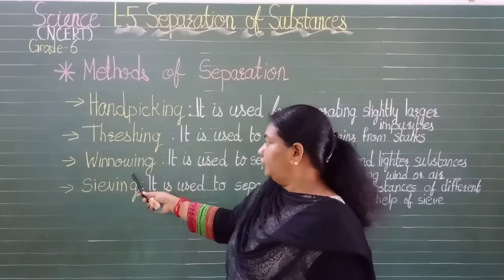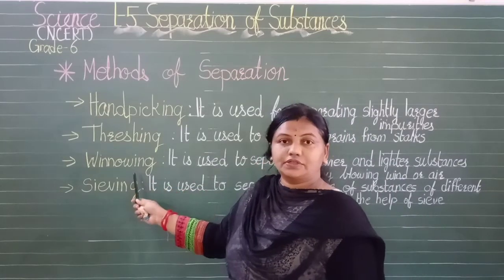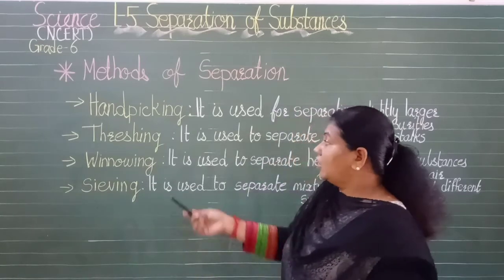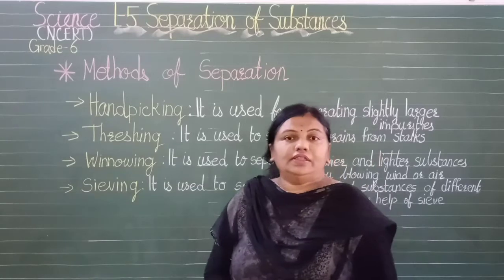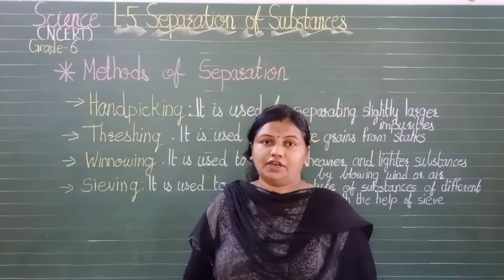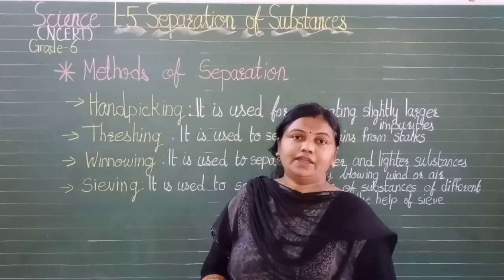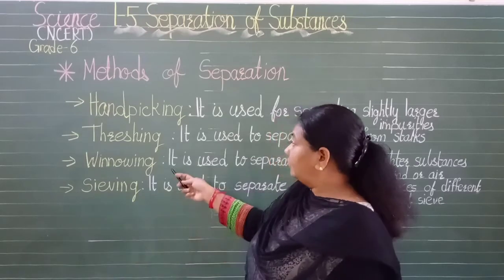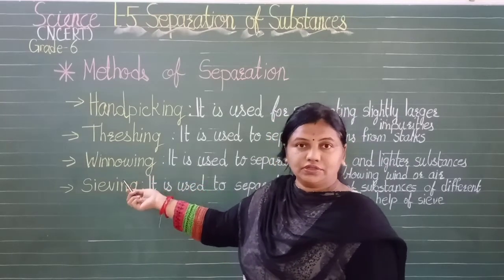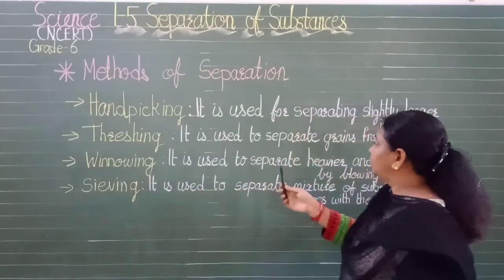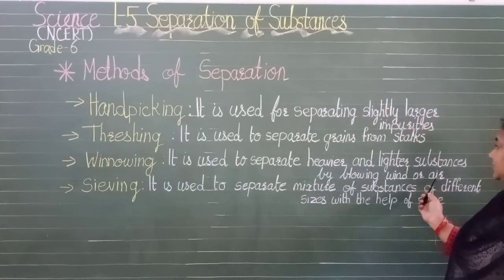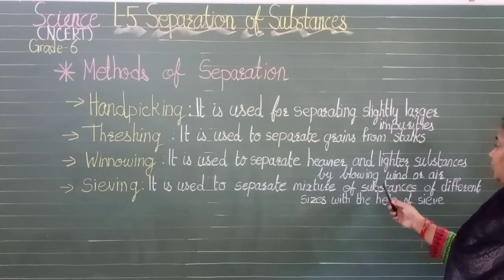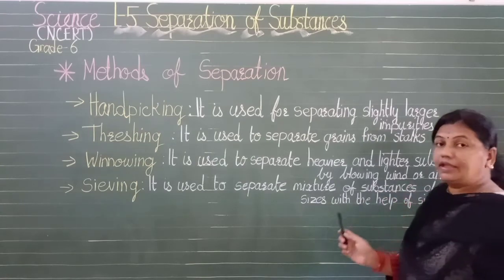Now winnowing. Our next process is winnowing. Now when to use the winnowing process? If I give you chiku and banana, you cannot separate them by winnowing. Then where is the winnowing process used? It is used to separate heavier and lighter substances by blowing wind or air.